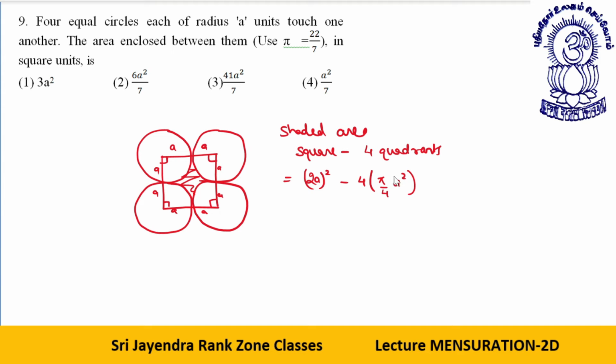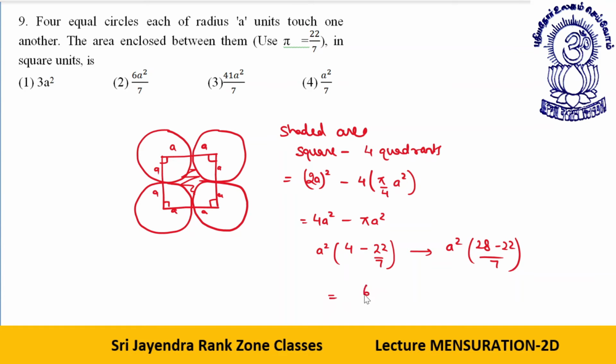Always remember 4 quadrants combined give you a circle. This is 4A square minus pi A square. That is A square into 4 minus 22 by 7, that is A square into 28 minus 22 by 7.